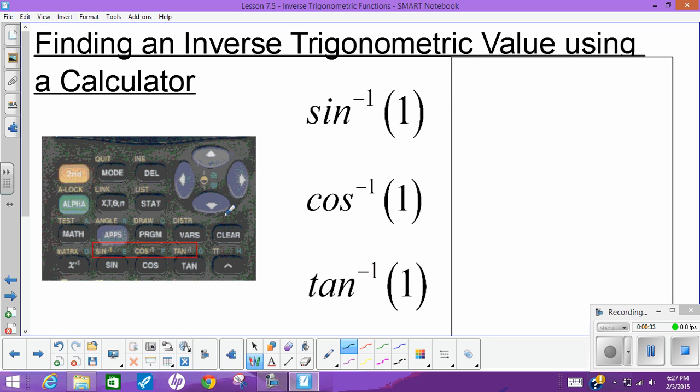So just like we did last time, we can find inverse functions in our calculator, and if you notice, in yellow above sine, cosine, and tangent are the sine inverse, cosine inverse, and tangent inverse. And this little -1 here doesn't tell us to multiply by -1 or anything like that.